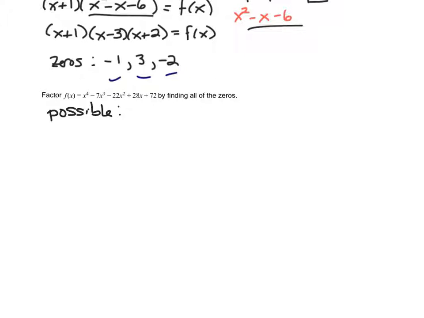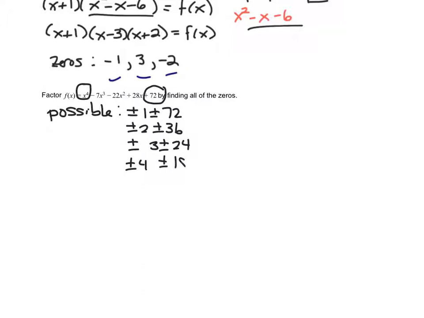What are our possible zeros for this function? And remember, that's going to be factors of this number divided by factors of the number there. Well, the first number is 1, so really all I'm looking for is factors of 72, which are 1 and 72, 2 and 36, 3 and 24, 4 and 18, plus or minus for all these.